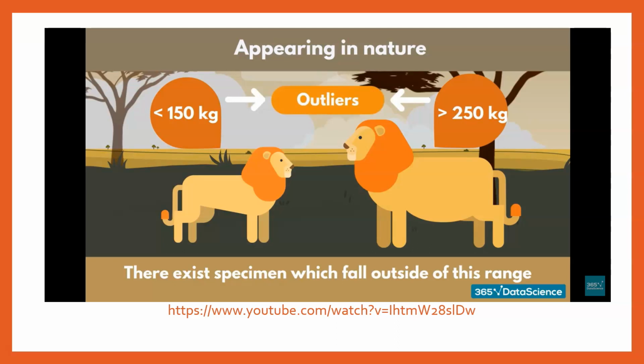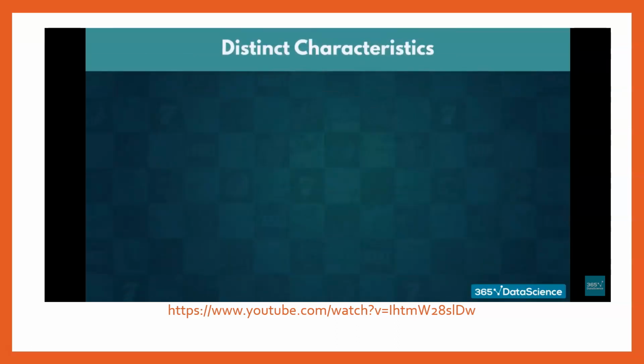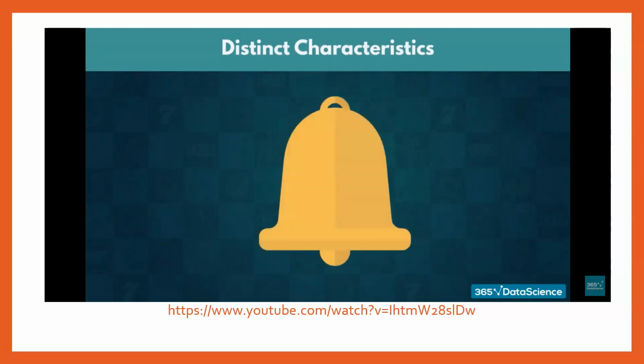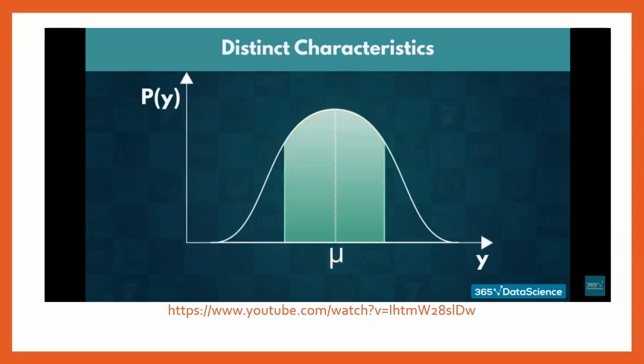Now that you know what types of events follow a normal distribution, let us examine some of its distinct characteristics. For starters, the graph of a normal distribution is bell-shaped. Therefore, the majority of the data is centered around the mean. Thus, values further away from the mean are less likely to occur.